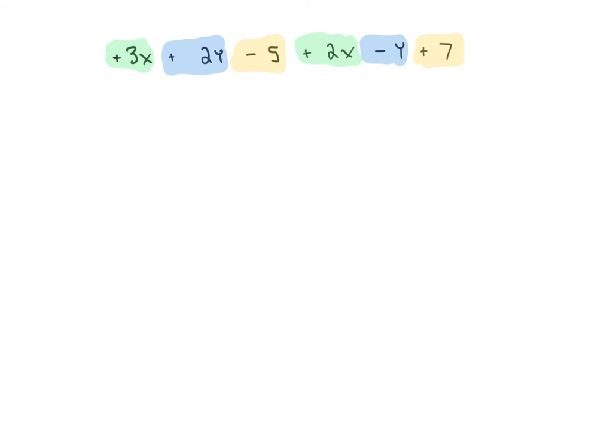All right, now let's do some rearranging. I'm going to start with pulling down my x terms to be next to each other. So I have a positive 3x plus 2x. All right, I'm going to mark those off. I have those. Now let's do our y terms.